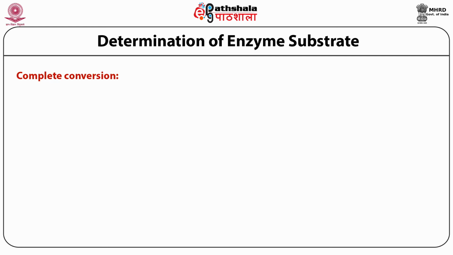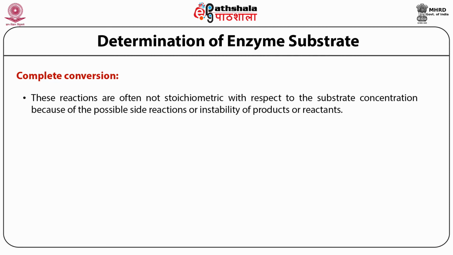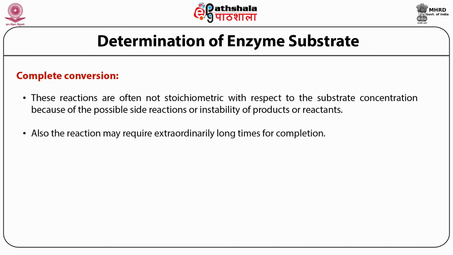A product is analyzed or the depletion of the reactant that was originally in excess is measured. The analyzed substance is then related to the original substrate concentration. These reactions are often not stoichiometric with respect to the substrate concentration because of possible side reactions or instability of products or reactants. Also, the reaction may require an extraordinarily long time for completion.